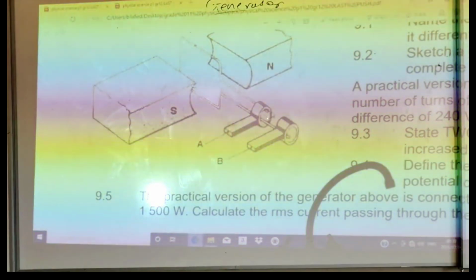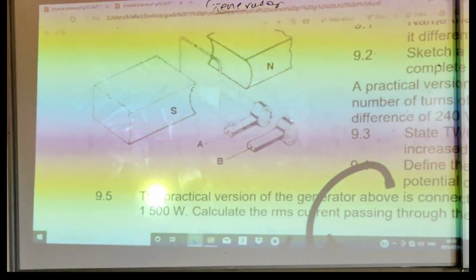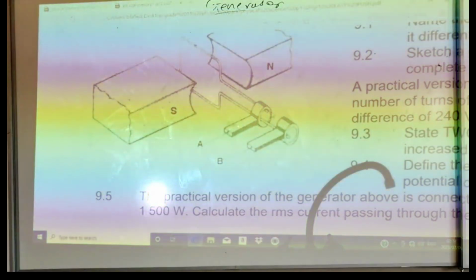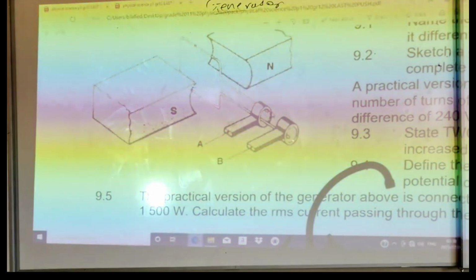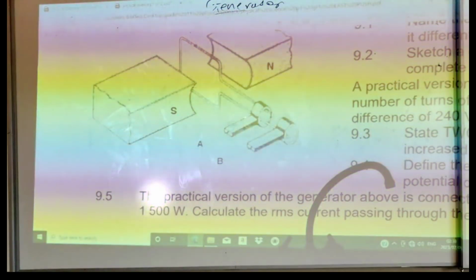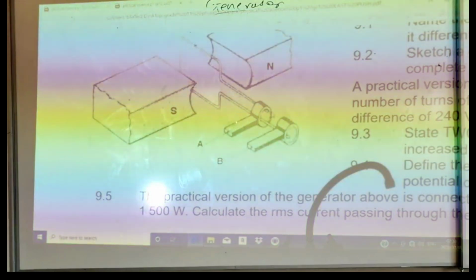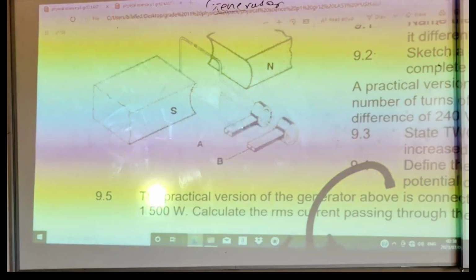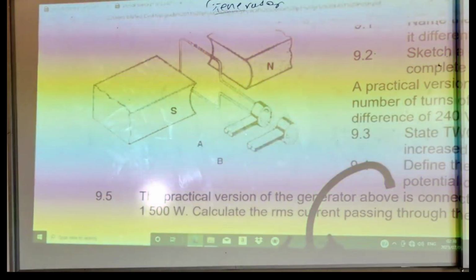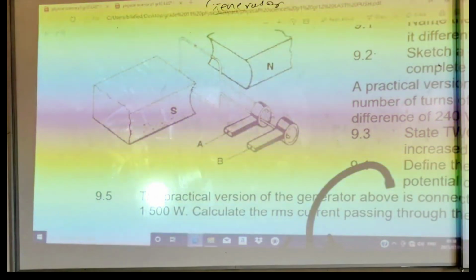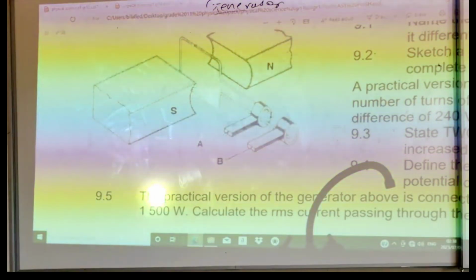You can see this is still a slip ring, a continuous circle which is not broken. These are rings. These are carbon brushes. You can see the two protruding things from the ring. We call them carbon brushes. So, what is the function of these carbon brushes?